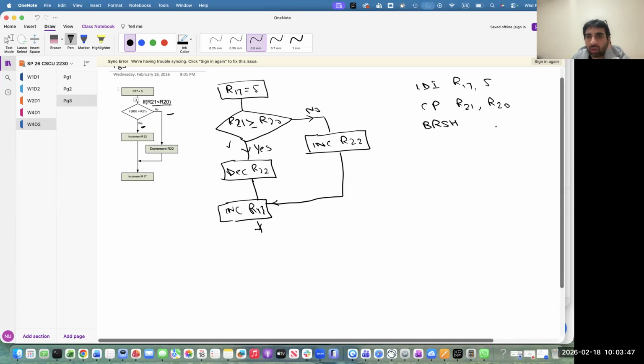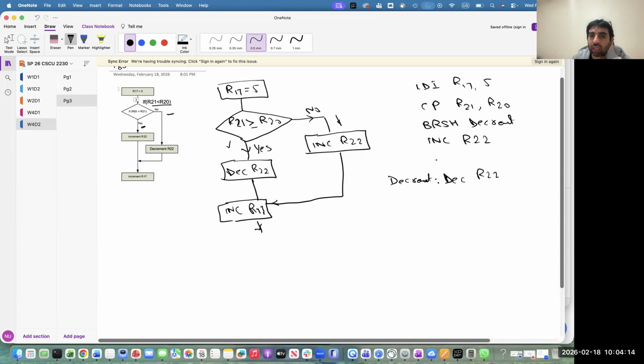This then takes the yes path, which is decrement. So here I can write dec R22. But if this condition is not true, then I need to follow this path. So here I can say increment R22.